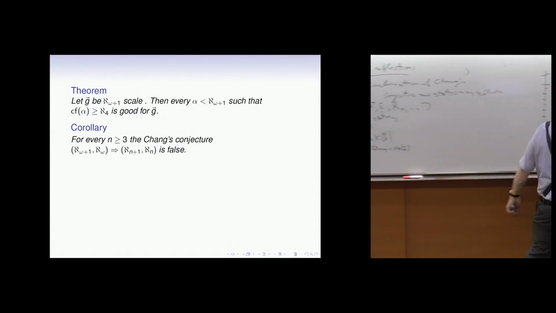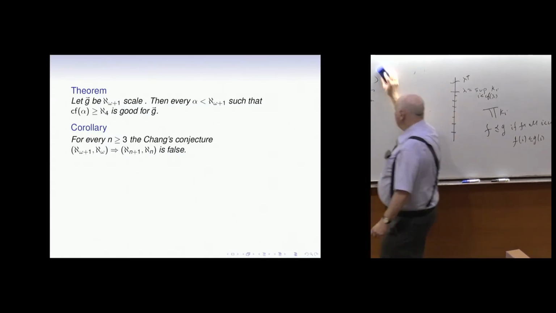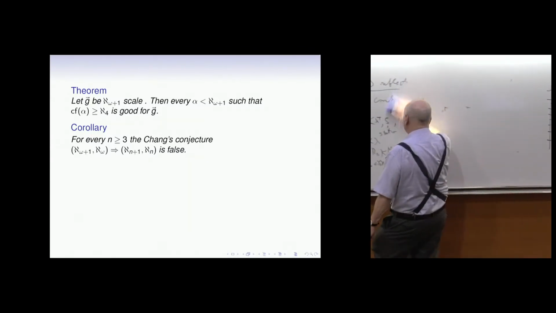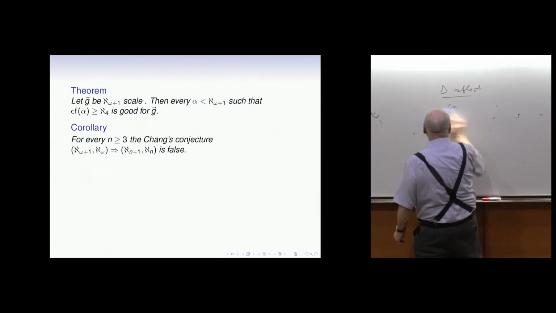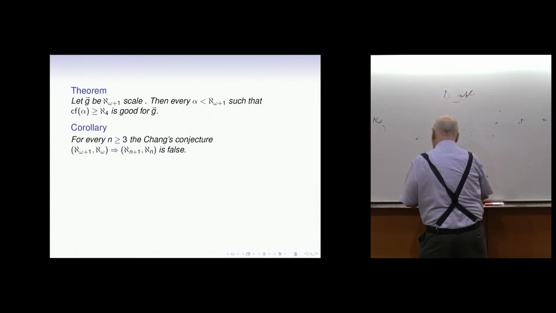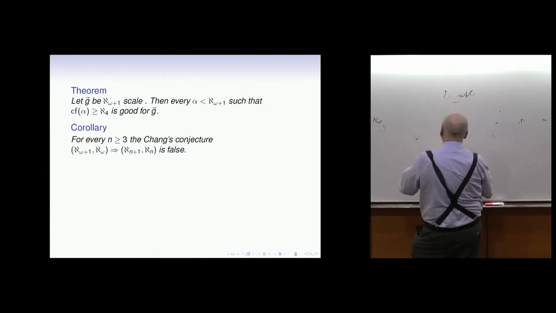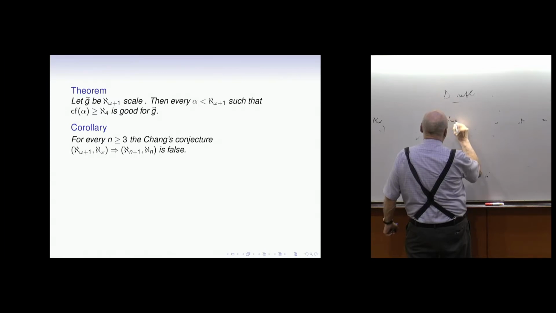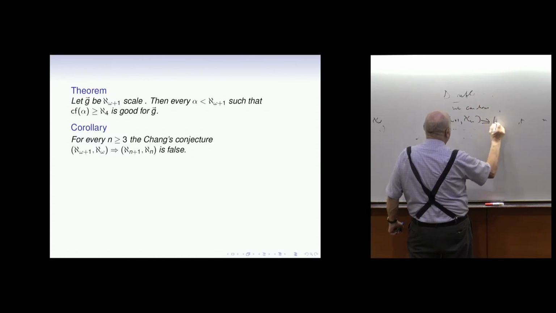And by the way, it's a very interesting problem. So what did we get for Chang conjecture for Aleph Omega plus 1? We know that it is consistent, modulo the large cardinals, namely we can have Aleph 1, Aleph 0.